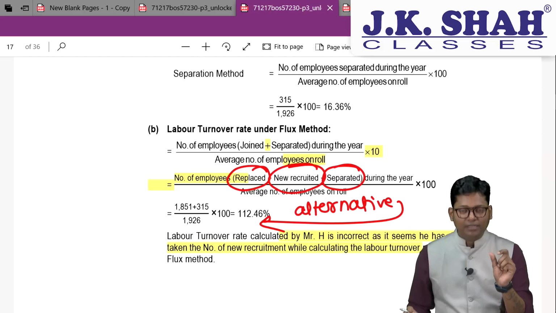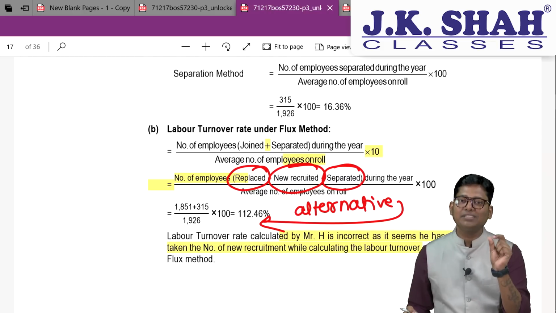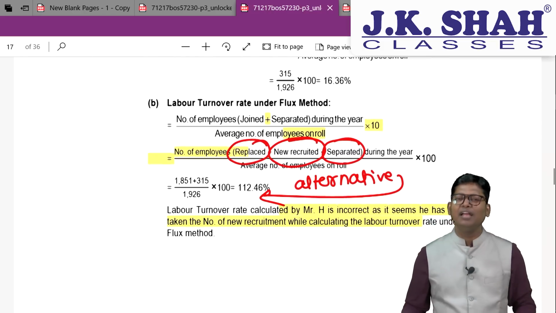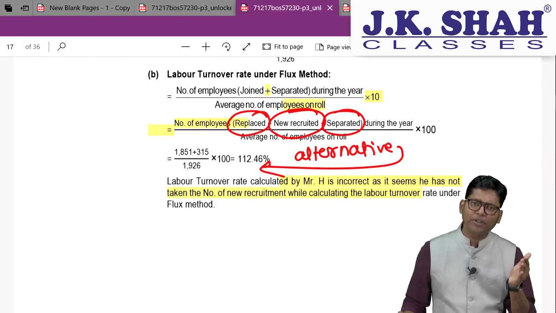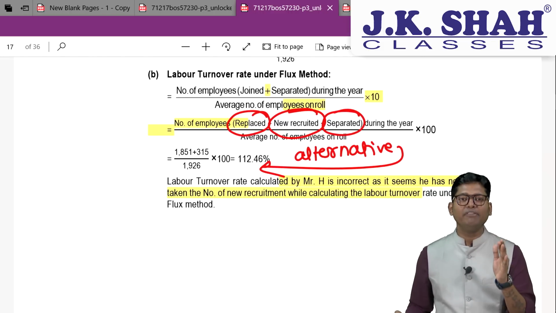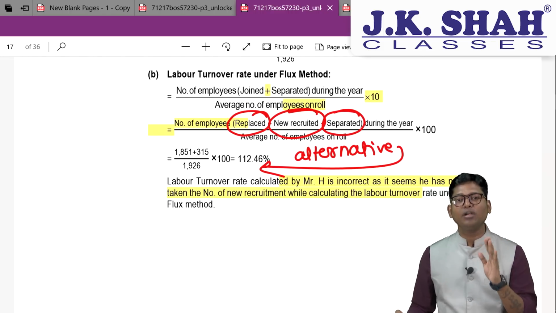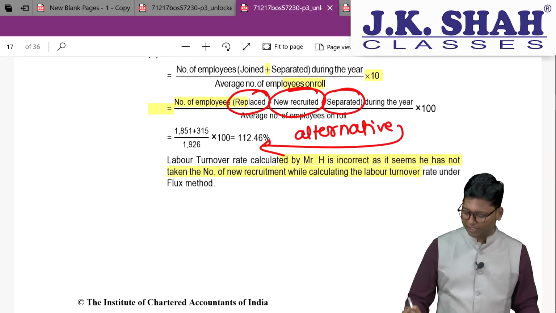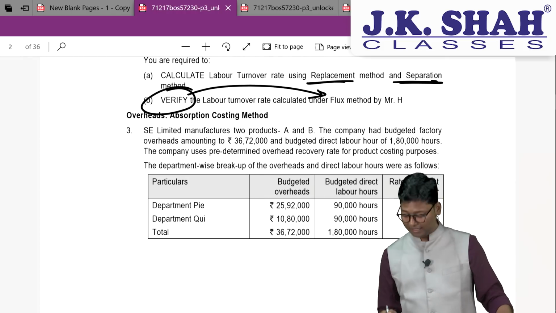You can write that the computation performed by Mr. H is correct when new recruitments are not considered, and you can also write that his computation is incorrect when new recruits are considered for the purpose of calculation. So two different interpretations are possible, and they are allowed.